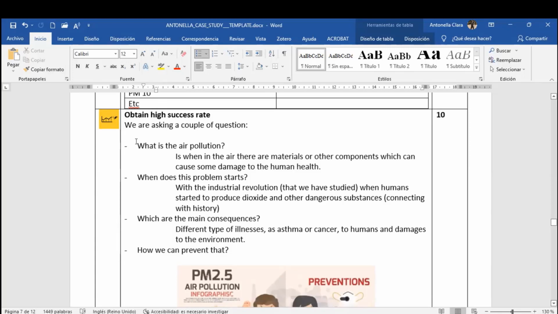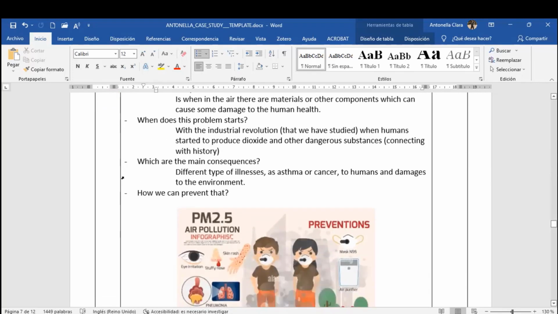So what is air pollution? When does the problem start? In this case, I want to link this information with the Industrial Revolution in order to have a global view of what happened, when it started, and which is the function of the human being in this problem.